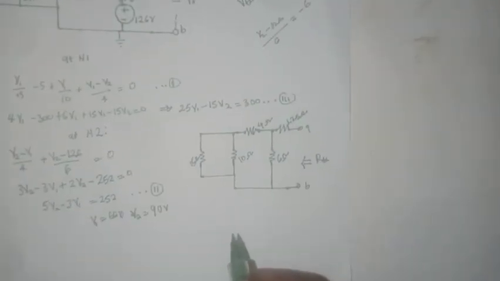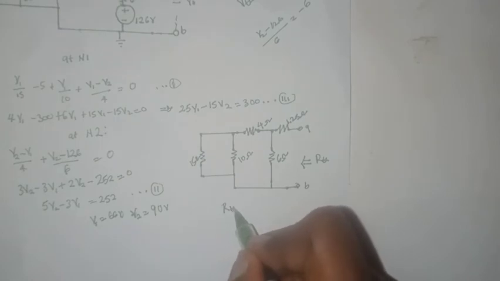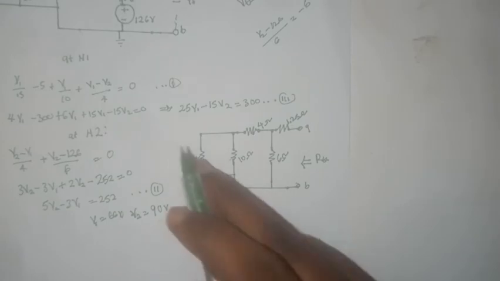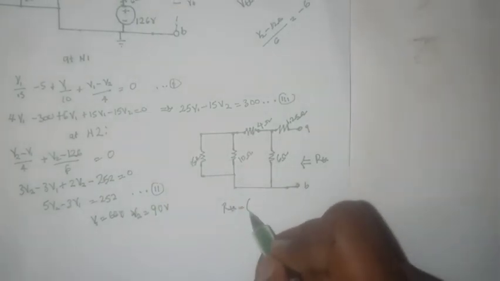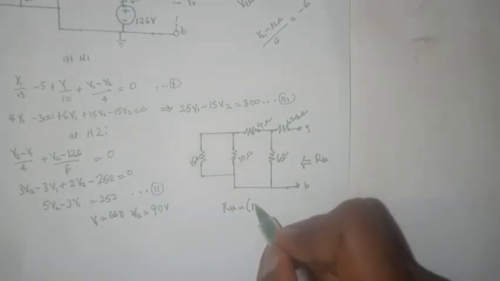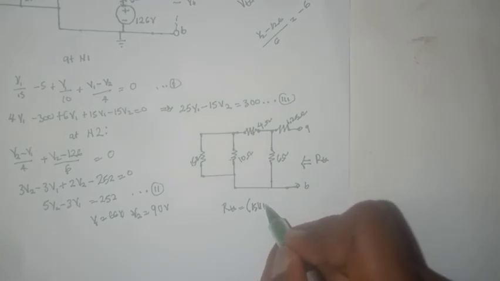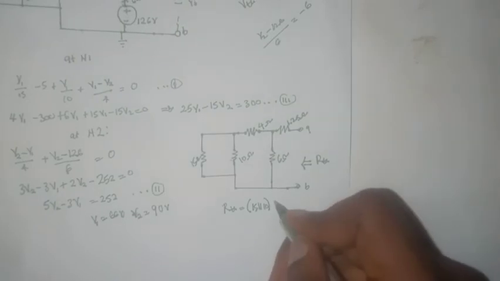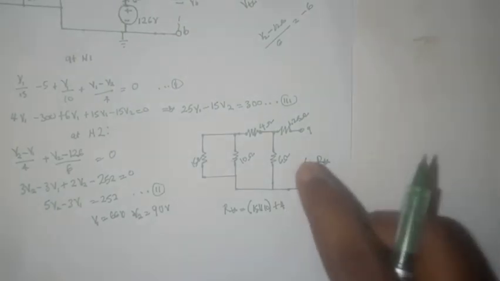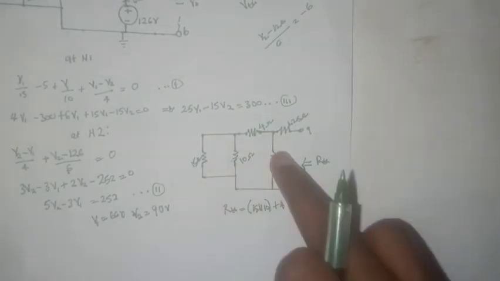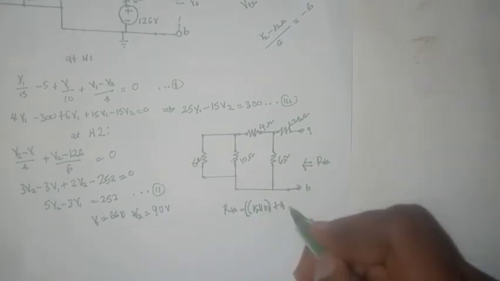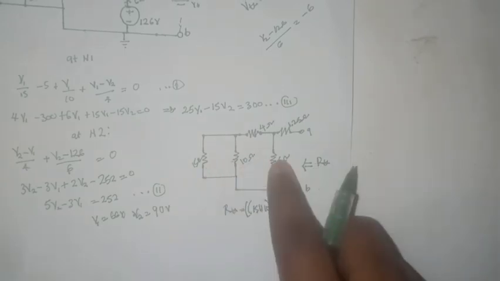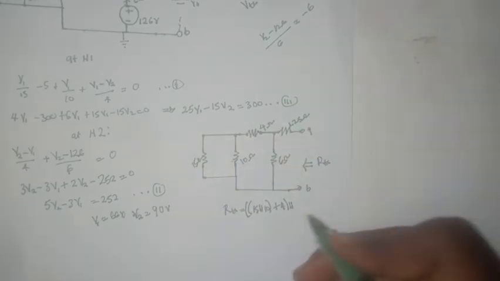And with that, RTH would be equal to, with these two, the 15 ohm and 10 ohm, sorry, we have them in parallel. So we have 15 in parallel with 10. Then we have these two in series with this 4 ohm. Then all of that would be in parallel with this 6 ohm. Then that would be in series with this 1.25 ohms.